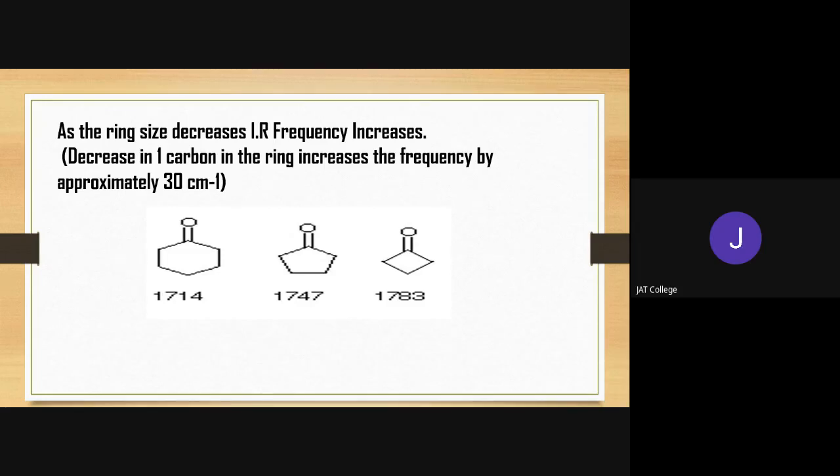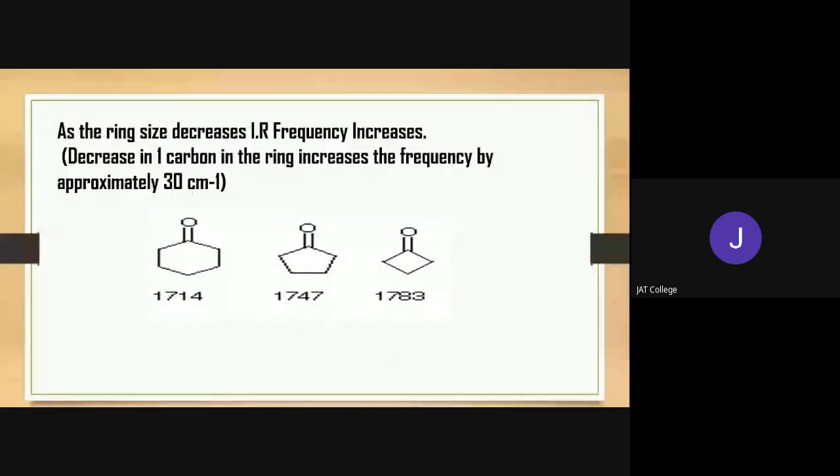Because as the ring size decreases, strain in the ring increases, which increases the percentage of s character, and as the percentage of s character increases, minus I increases, and as the minus I increases, IR stretching frequency increases by approximately 30 centimeter inverse. You just have to remember this.